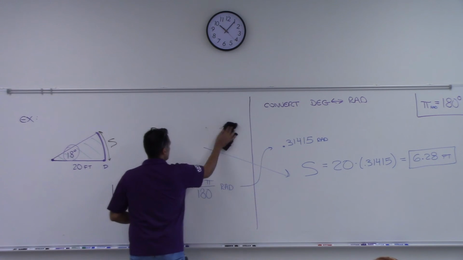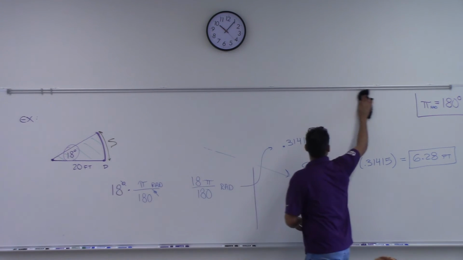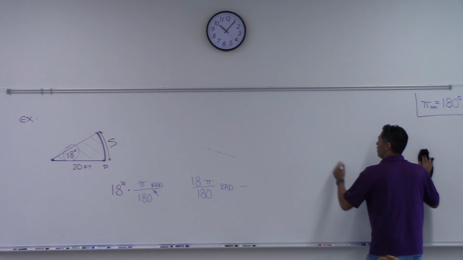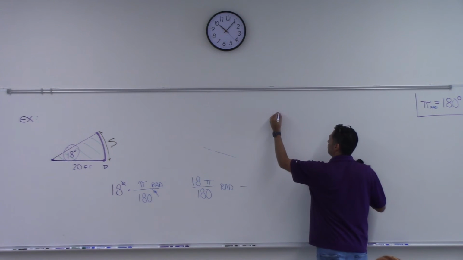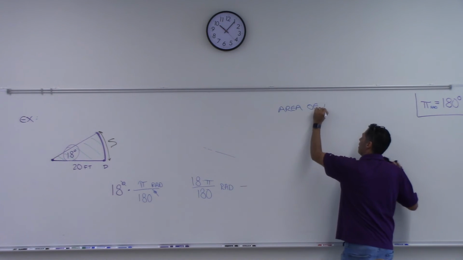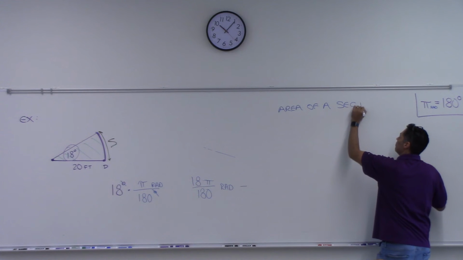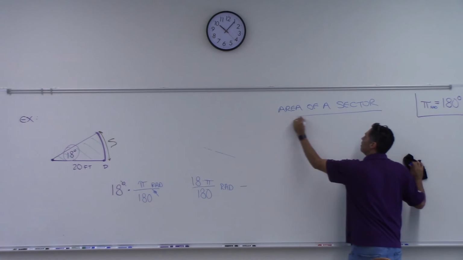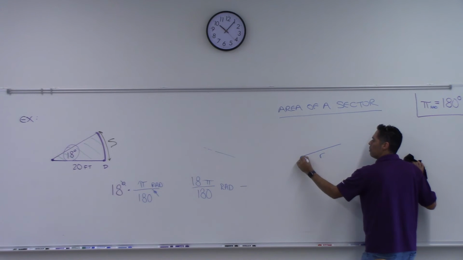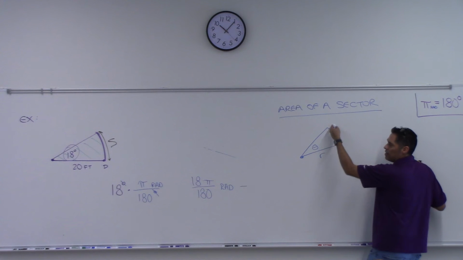I'm going to start with a new picture. So let's say this is called area of a sector. We call this a sector. So if you start here, go out R, swing through some angle theta, you have this. We know how to measure this length, right?